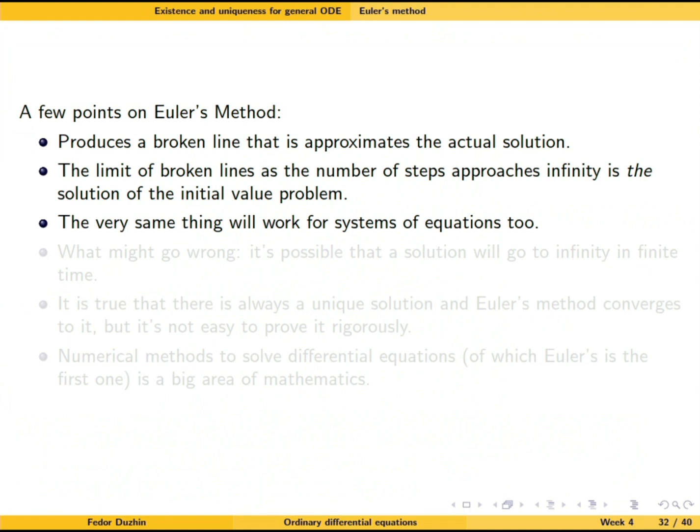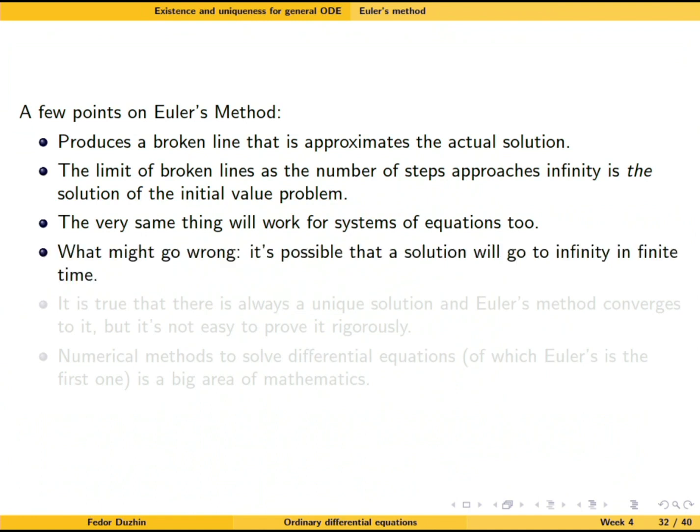And the same thing is going to work for systems of equations too. Only if we have a system of equations, then this limit of broken lines is going to be constructed in a multidimensional space, but nothing serious is going to be changed about it.